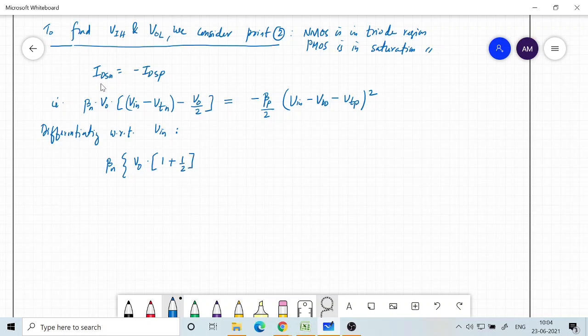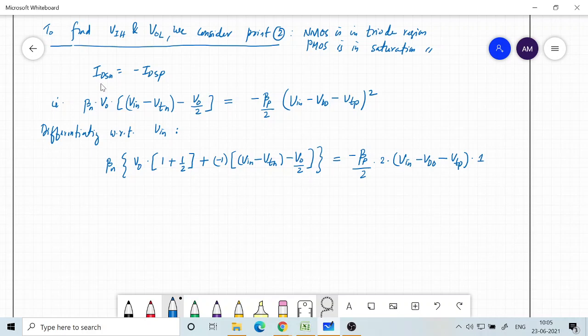So this is the derivative of this square bracket term, plus now the derivative of the first, which is minus 1, into whatever is in the bracket, that is Vin minus VTN minus V0 by 2. So that is the left side. Similarly, now if you do the right side differentiation, you apply the chain rule, 2 into this term into 1.